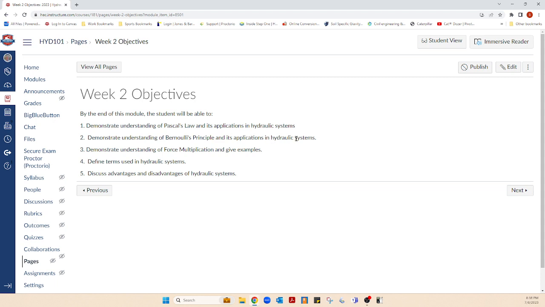What Bernoulli says is that whenever in a fluid system you increase the flow, you will decrease the pressure. When you increase the pressure, you will decrease the rate of flow. And those two things I showed you a while ago: pressure is strength, the power. Flow is the movement of the fluid through the conduit.